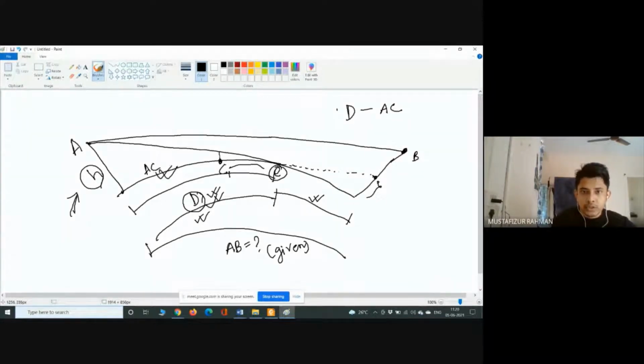This is given, this is again given, and this D came from the formula. So we can find out D minus AC. The CE can come, right?